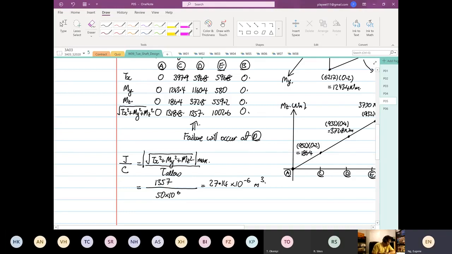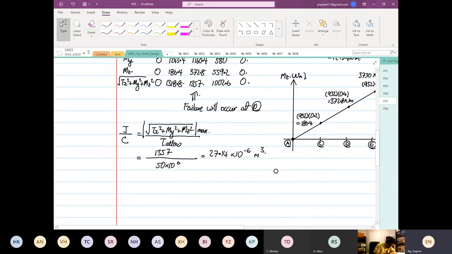Now we know that J is equal to pi over 2 multiplied by C to the power 4, where C is the radius of the shaft.